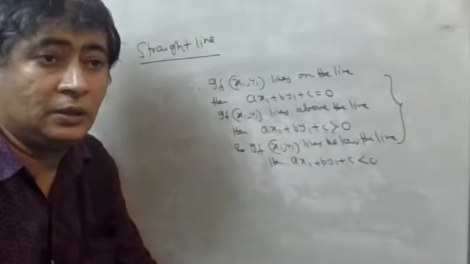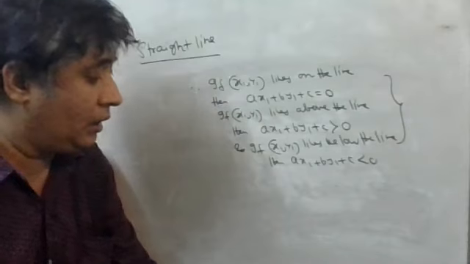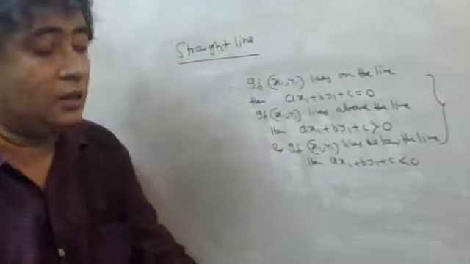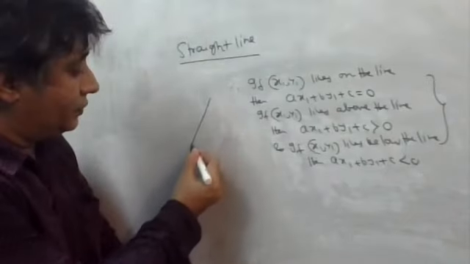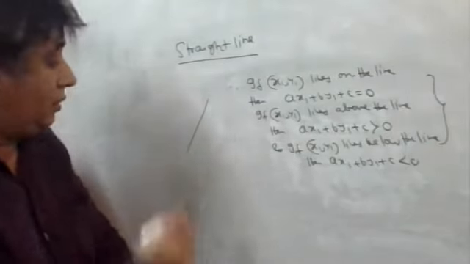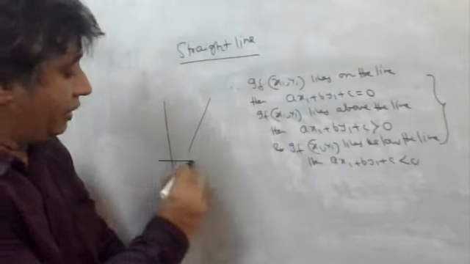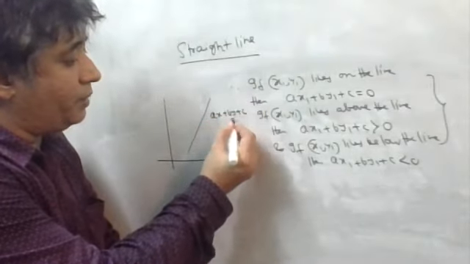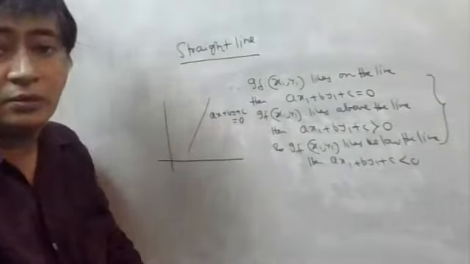So if I draw a line like this, this is the line, this is the coordinate axis, this is the line x plus by plus c is equal to 0.